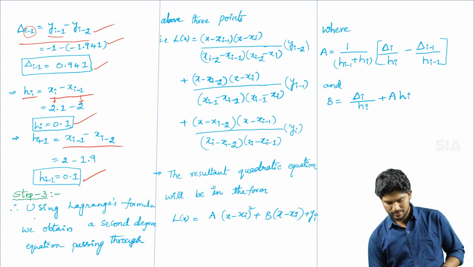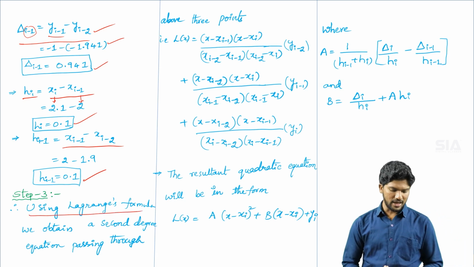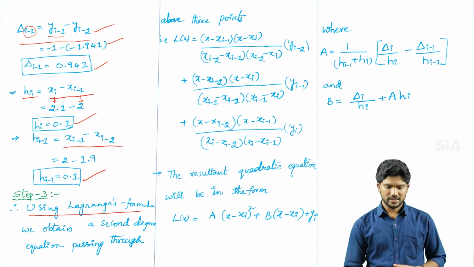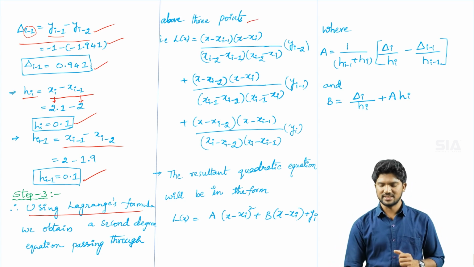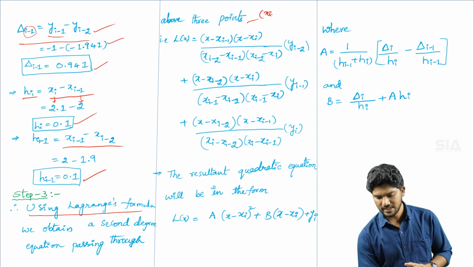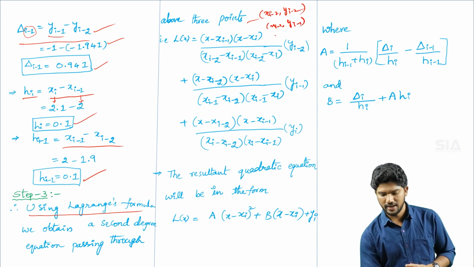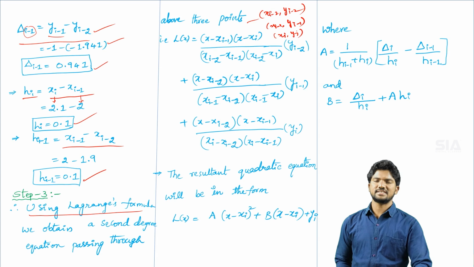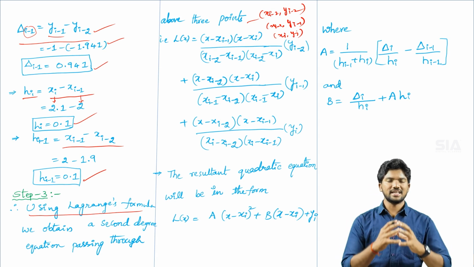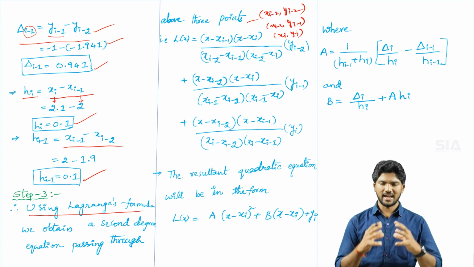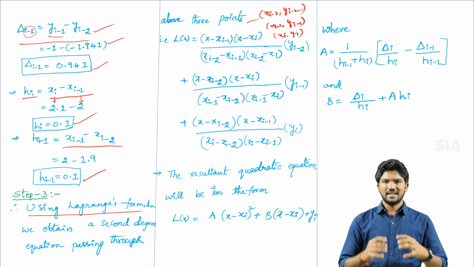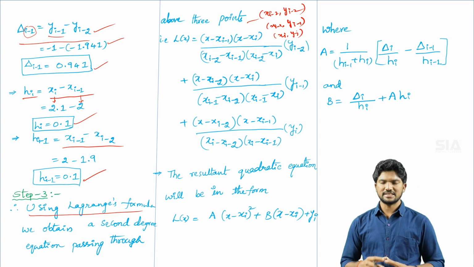In step 3, using Lagrange's formula we obtain a second degree equation passing through the above 3 points. The 3 points we have considered are x suffix i minus 2 comma y suffix i minus 2, x suffix i minus 1 comma y suffix i minus 1, and x suffix i comma y suffix i. Now, by using Lagrange's equation, we take a second degree equation passing through these points.